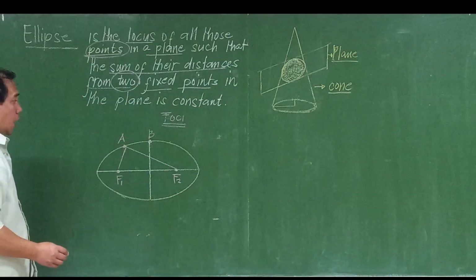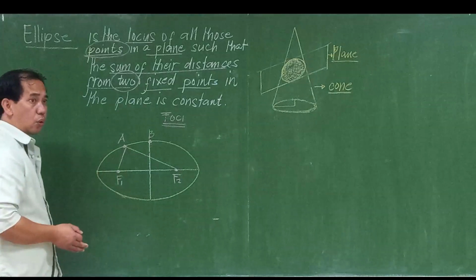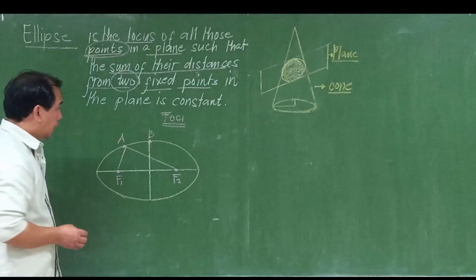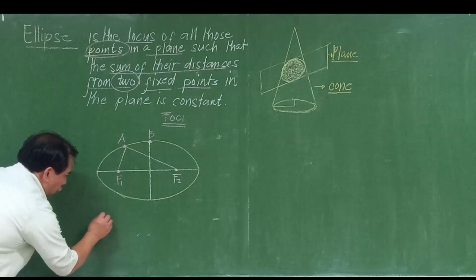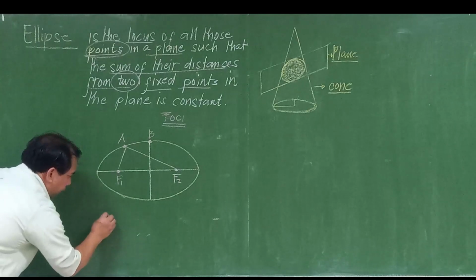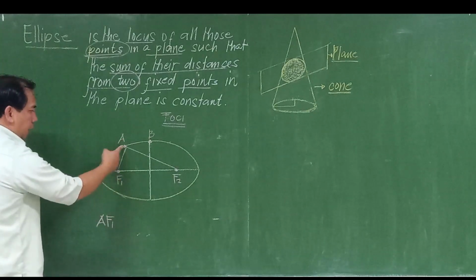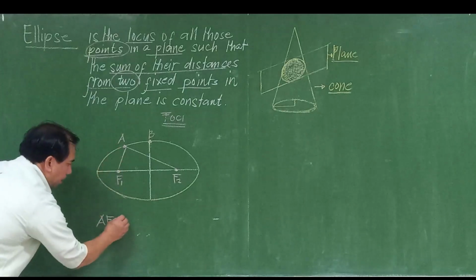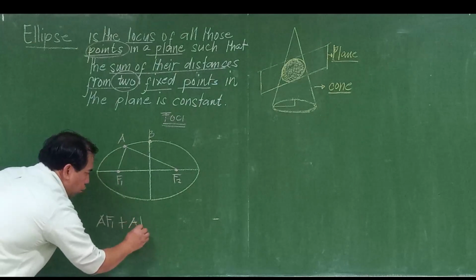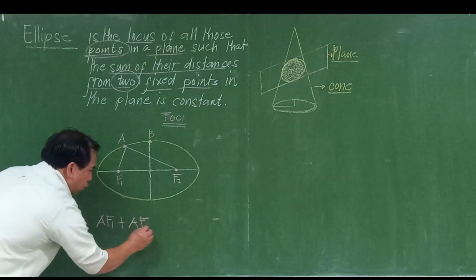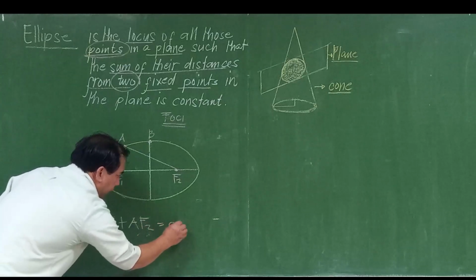Meaning to say, when the sum is 3, all those sums will be 3. So that is the same as saying the distance of point A to focus 1 plus the distance of point A to focus 2 is constant.